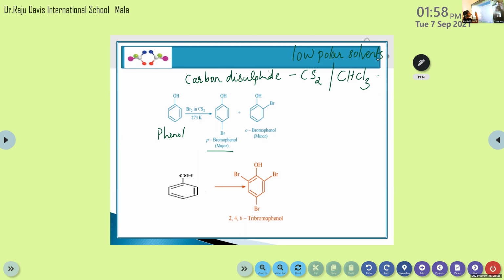The reaction of phenol with bromine in carbon disulfide gives para-bromophenol and ortho-bromophenol. That means the substitution occurs at the ortho and para positions, and para-bromophenol is the major product. Here the reaction takes place at 273 Kelvin, that means low temperature. So low polar solvents and low temperature are favorable for this reaction.